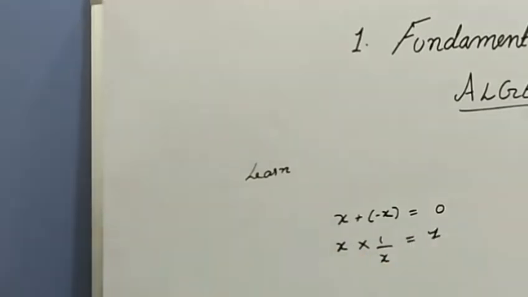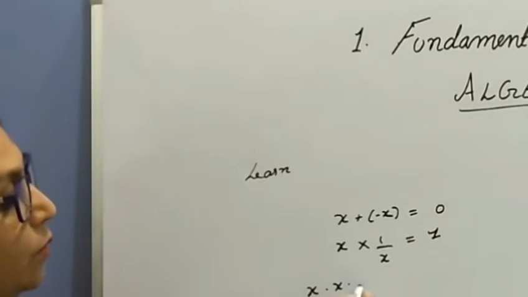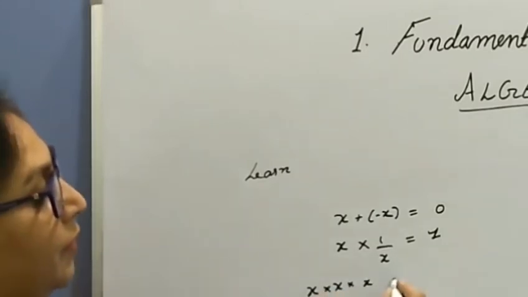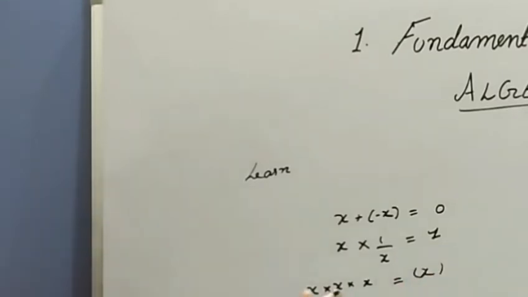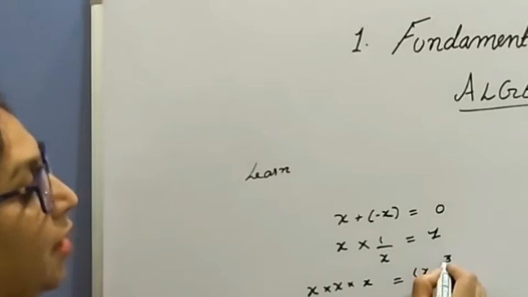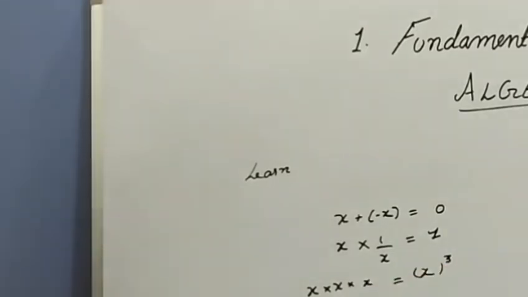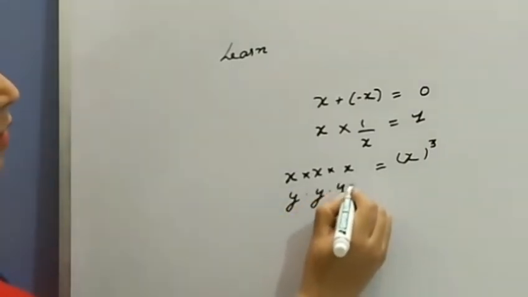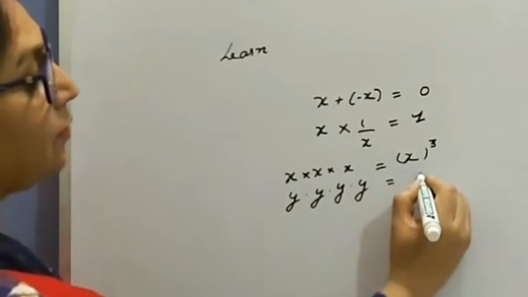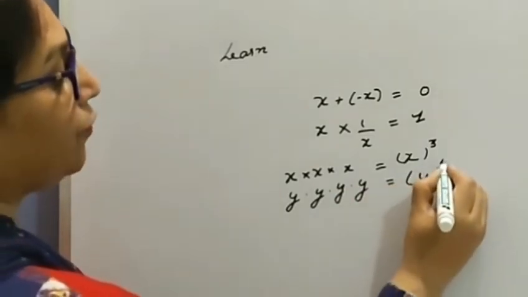And third most important thing which you should learn is when there is repeated multiplication of the literal x into x into x, then we write it as x raised to power. For example, here it is being repeated 3 times, power 3. If there is repeated multiplication of the same literal 4 times, for example, y into y into y into y, then we write it as y raised to power 4.